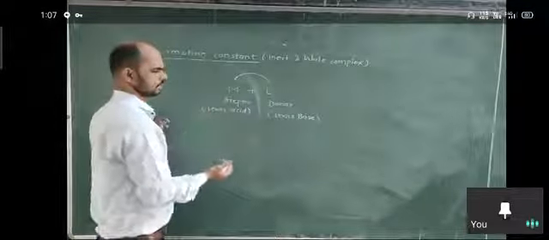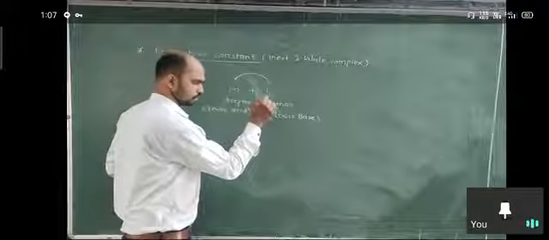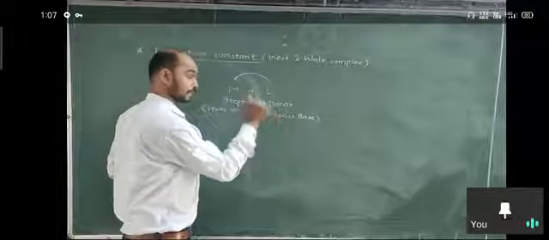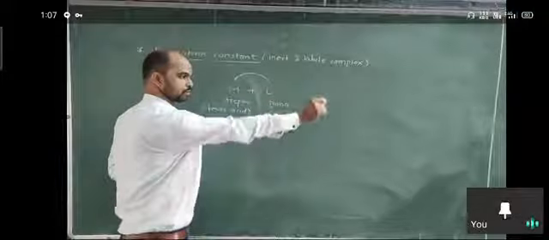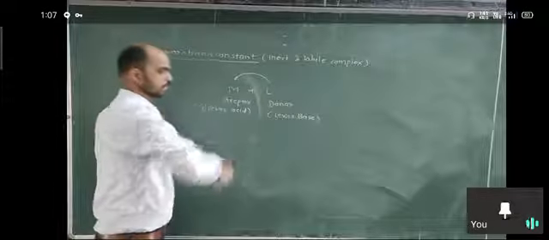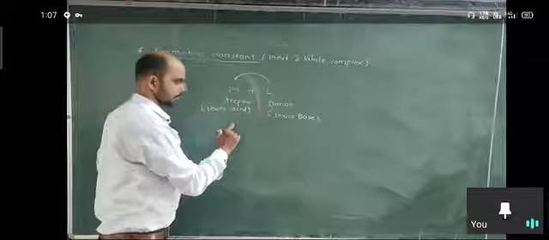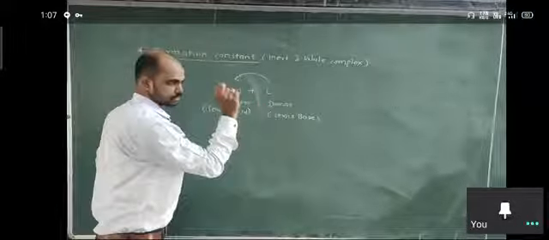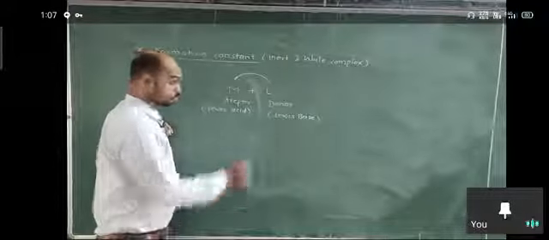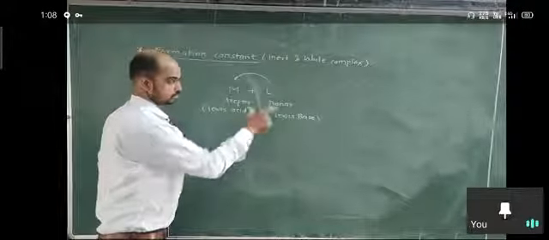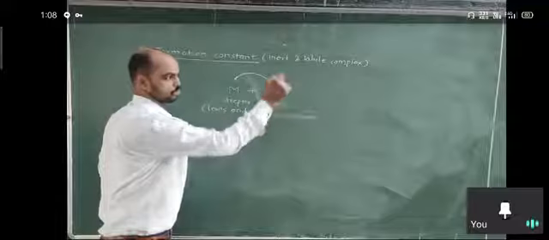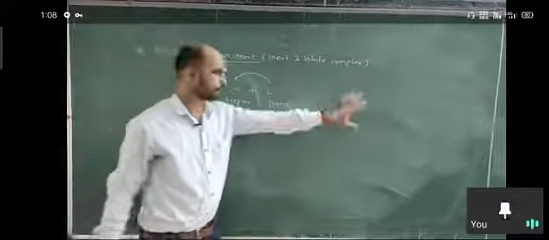Same thing is here. The ability of the ligand to donate the electron pair decides the stability of the complex, as well as the ability of the metal to accept the electron pair. So both are responsible for the formation of stable compounds.